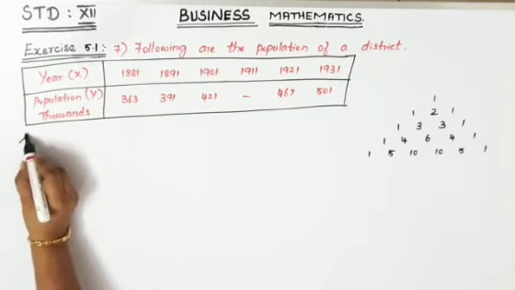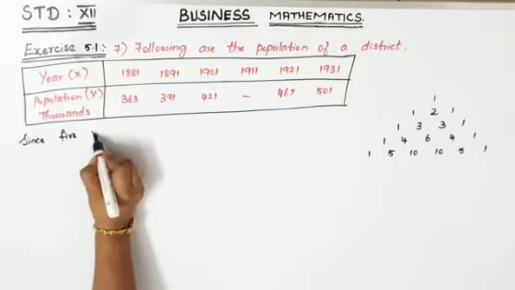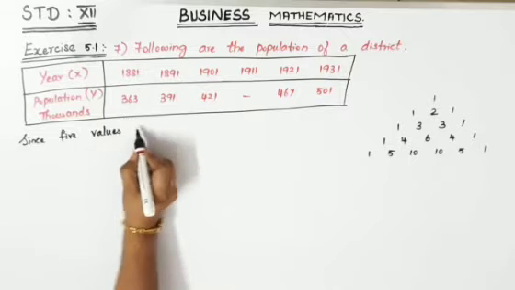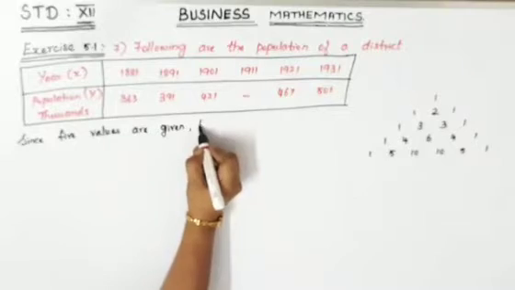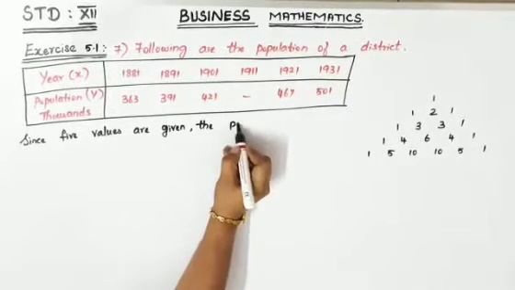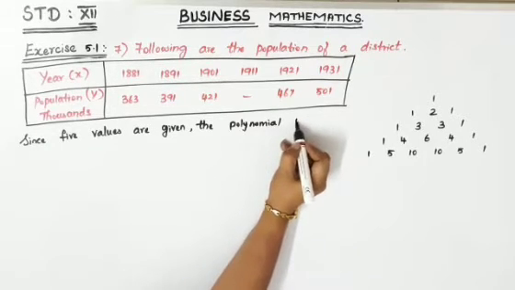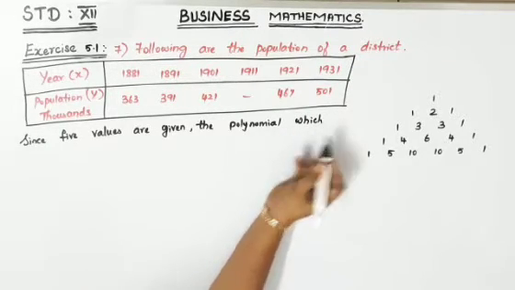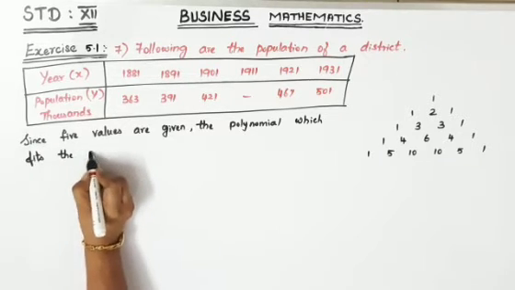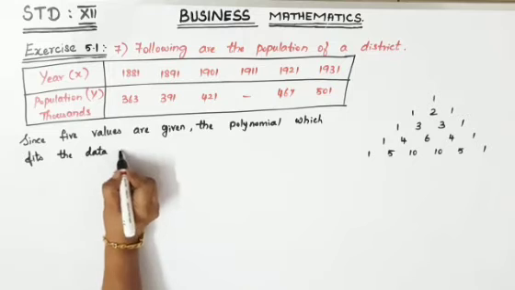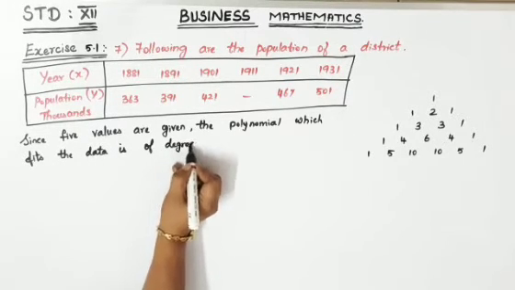So we can write it as, since 5 values are given, the polynomial which fits the data is of degree 4.